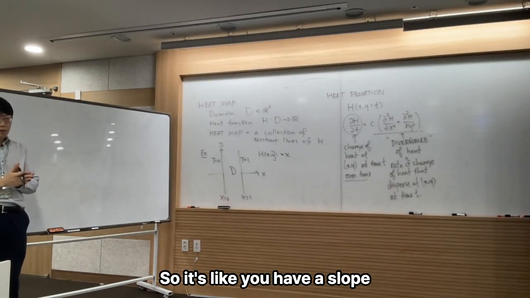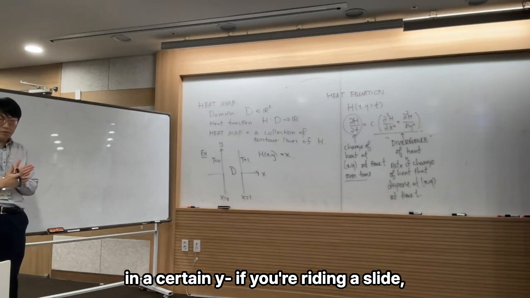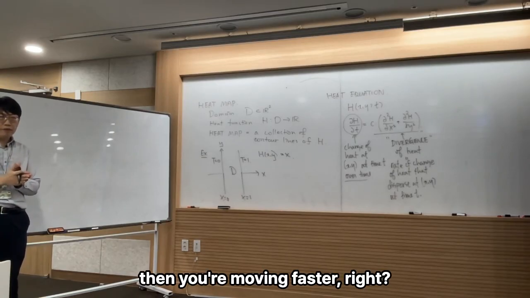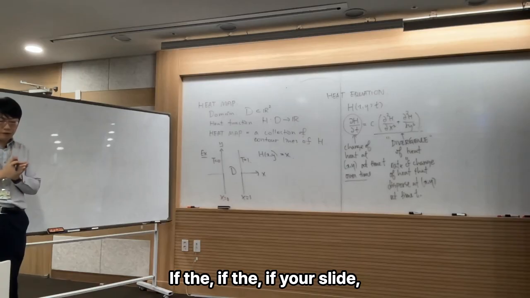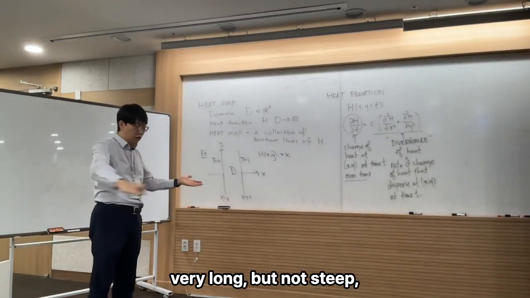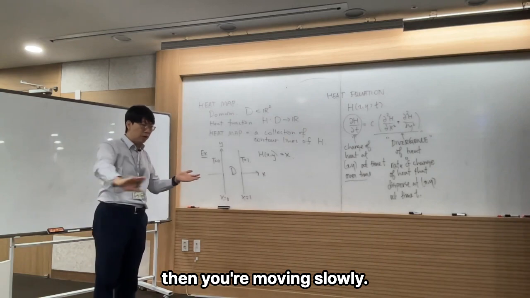Okay, so it's like you have a slope. If you're riding a slide, if the slope of the slide is steep, then you're moving faster, right? If the slope of your slide is not steep, very long but not steep, then you're moving slowly.